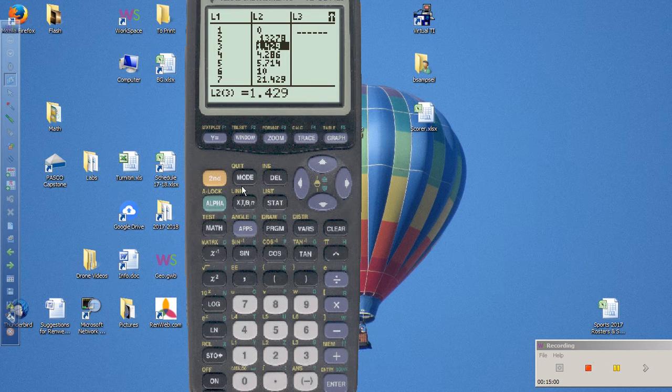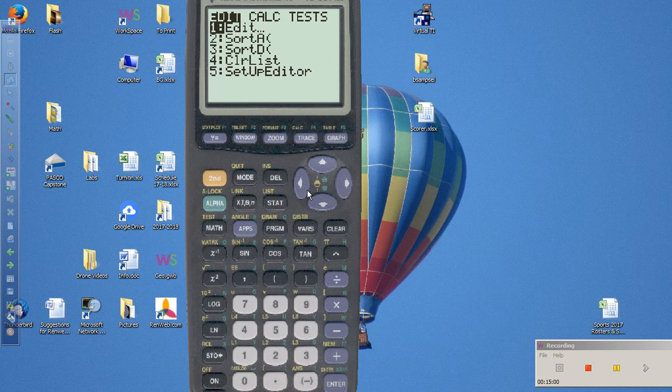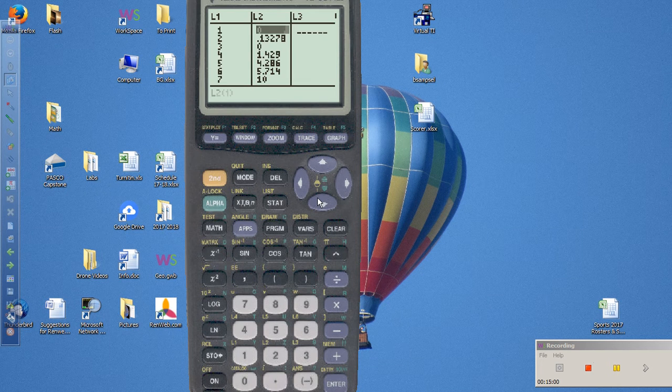So putting in, insert, oops, that's not what I wanted. So we want to put in the natural log into each case.